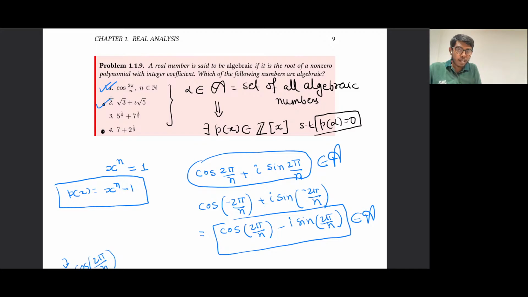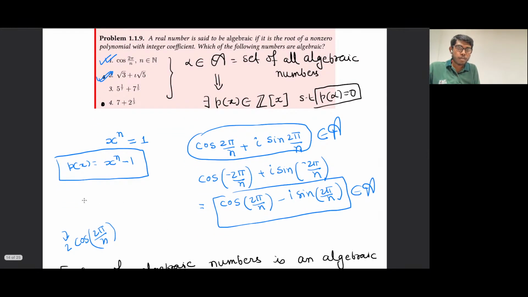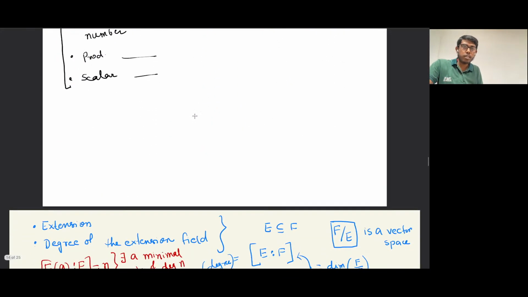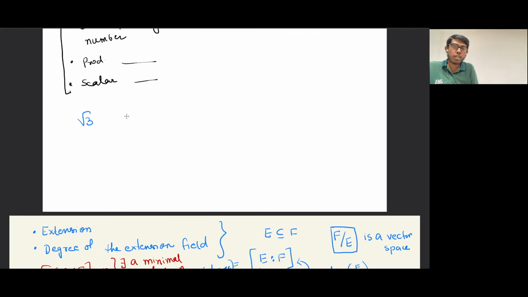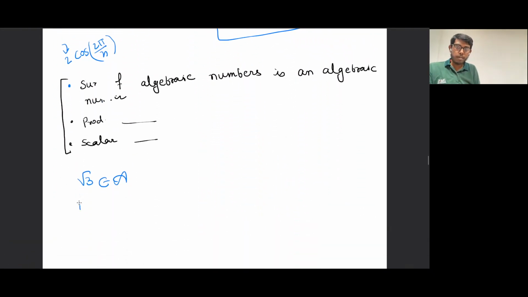And this is also correct because √3 is an algebraic number, and i√5 is an algebraic number.